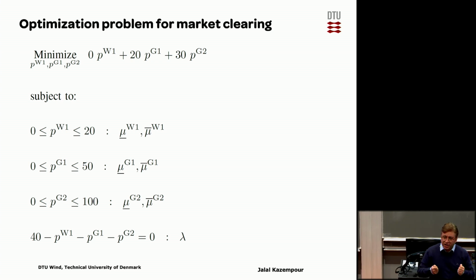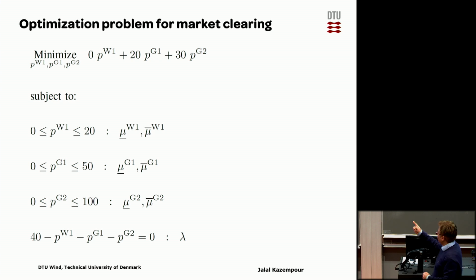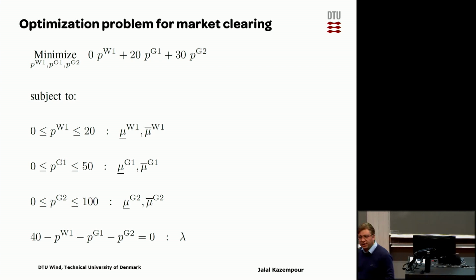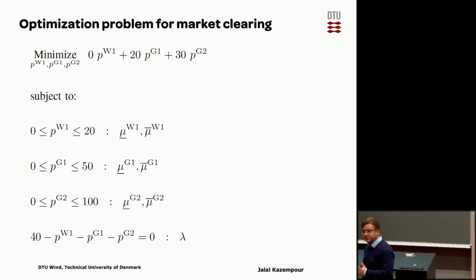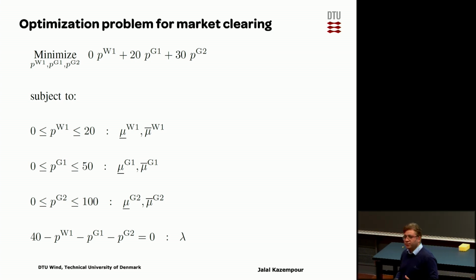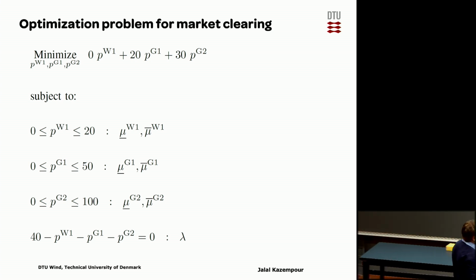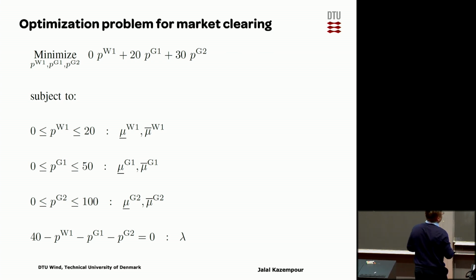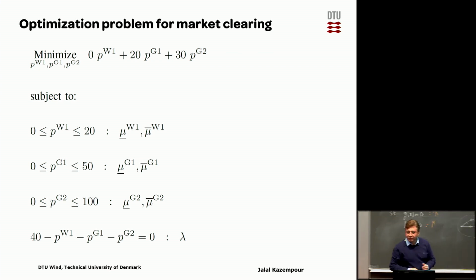These inequality constraints enforce the power production of the corresponding generator to be between 0 and their capacity. In case of wind, it's forecast. Is it clear? Good. What is the last constraint? It's an equality constraint, forcing balance between total production and demand. So the 3 generators together have to supply 40 megawatt of demand. Clear?